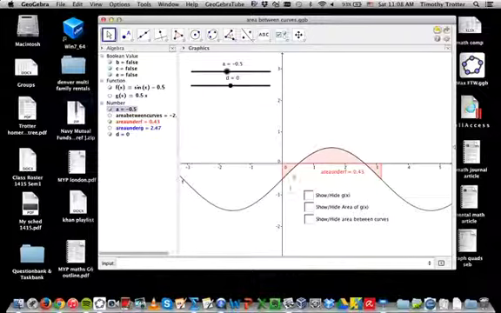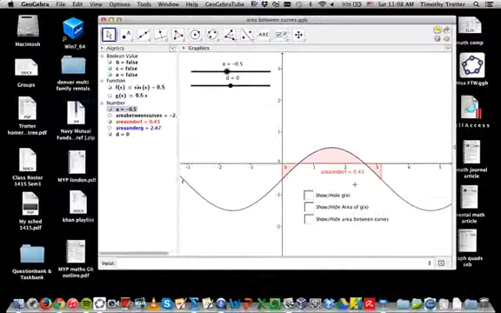That's because the area below the x-axis would come out as being negative, and the area above is positive. So the net result, the net area, is going to be the area above minus the area below, which we consider negative. And so the net result is this difference here, 0.43.